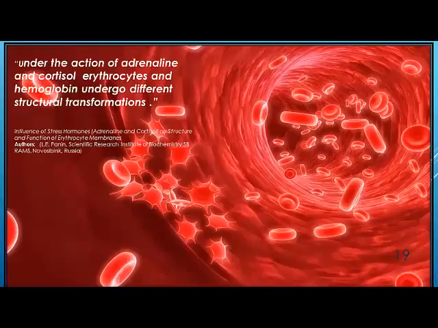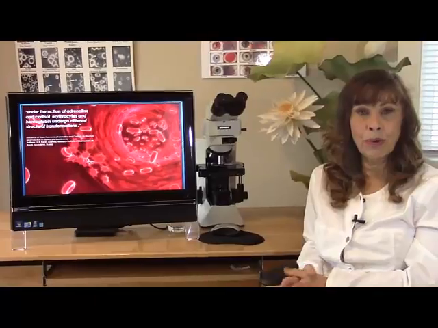So what he is demonstrating is that the membrane of a red blood cell will adopt different shapes, different structures when adrenaline and cortisol circulate in large numbers in the blood.